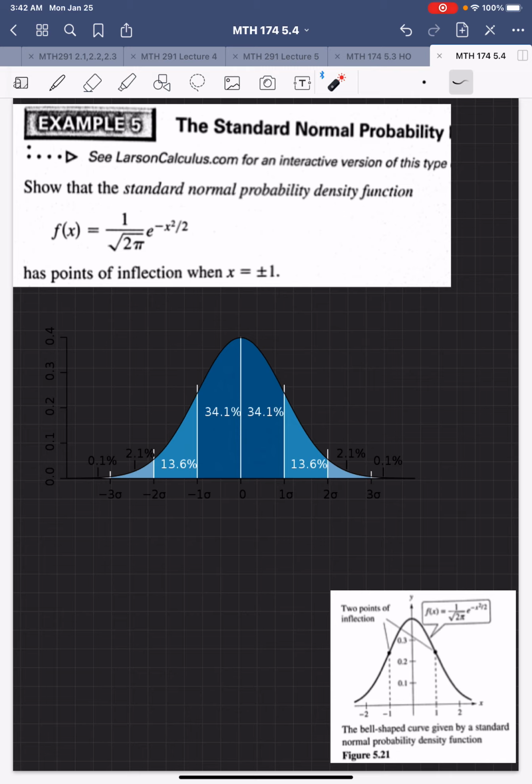So the following function, right? We have 1 over the square root of 2 pi multiplied by e to the power of negative x squared over 2. So this is definitely an exponential function. What's interesting about this function is if you've ever taken a course in statistics, which is by all means not a requirement, but if you have, then you would have heard of concepts called a bell curve.